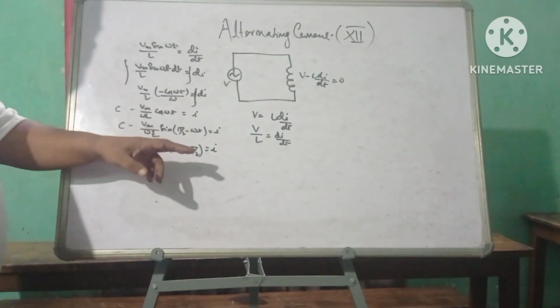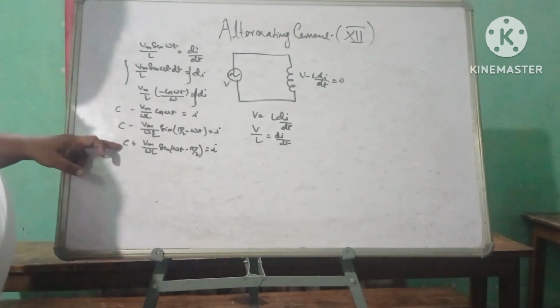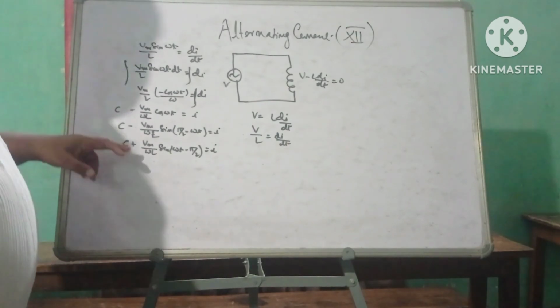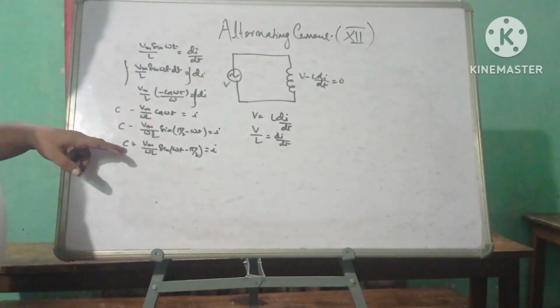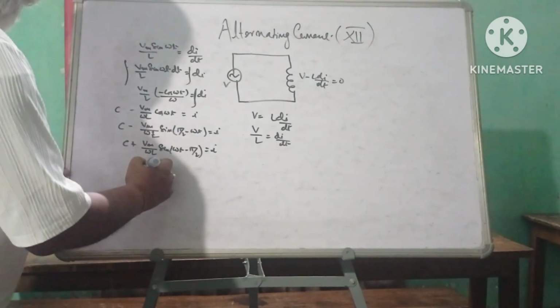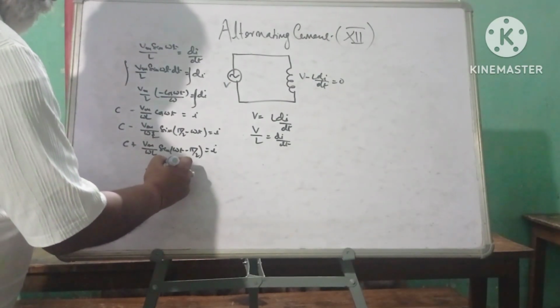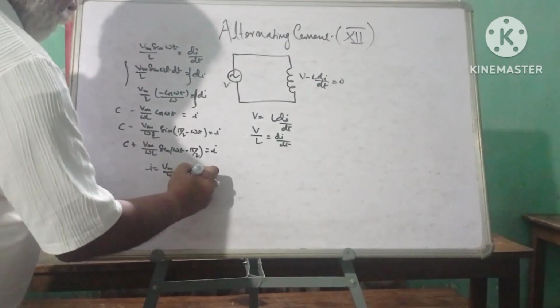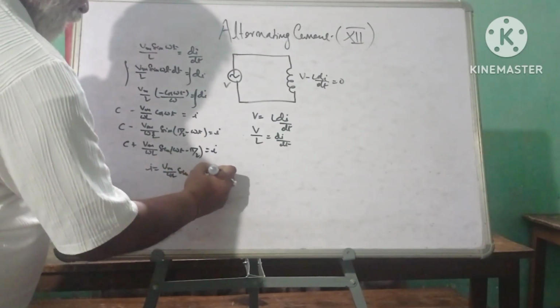That means they are dependent on time. There cannot be any constant independent of time, so C is 0. So your I is equal to Vm by omega L sine omega t minus pi by 2.